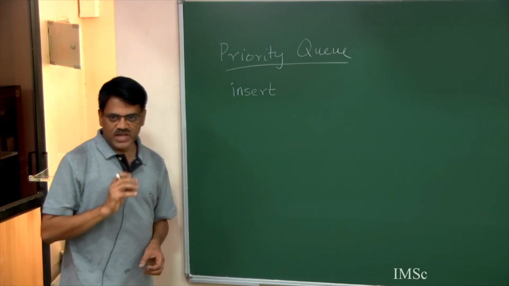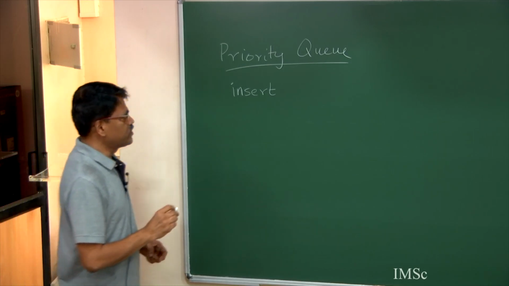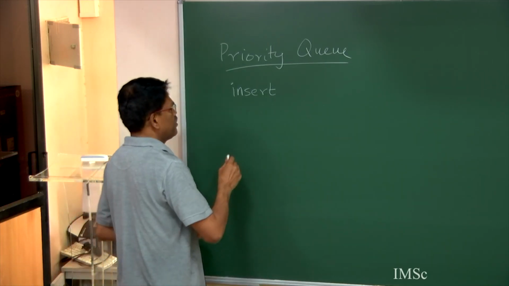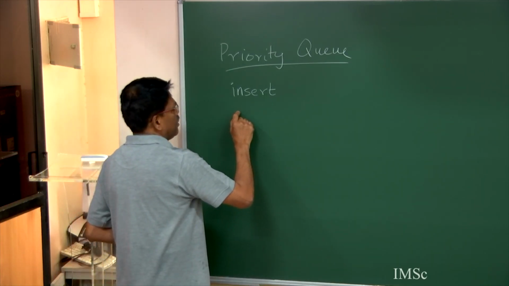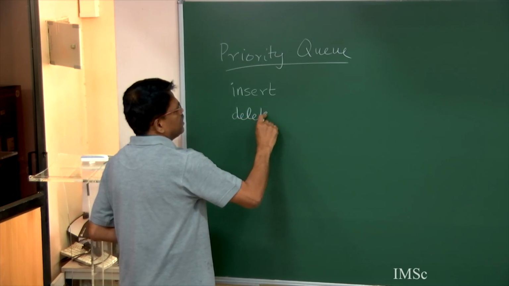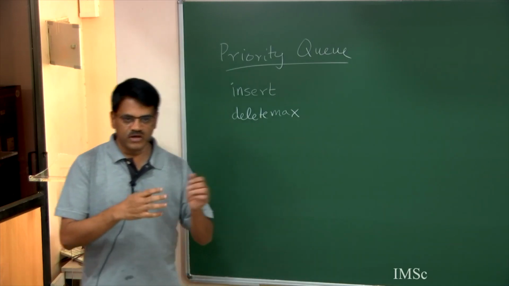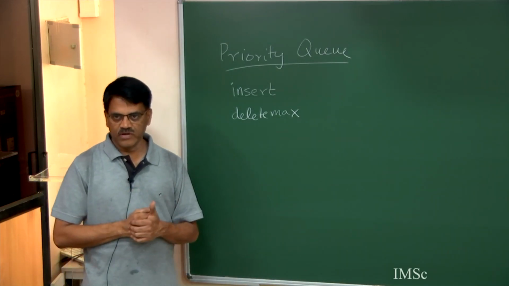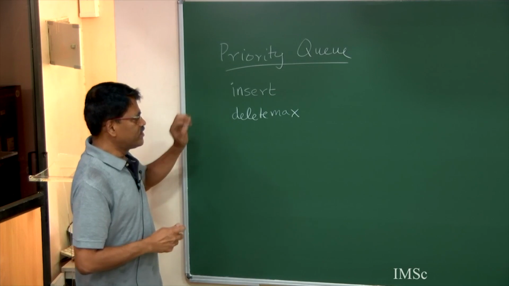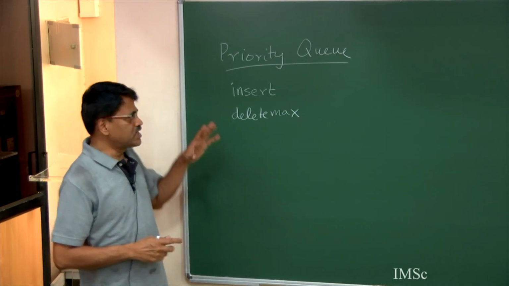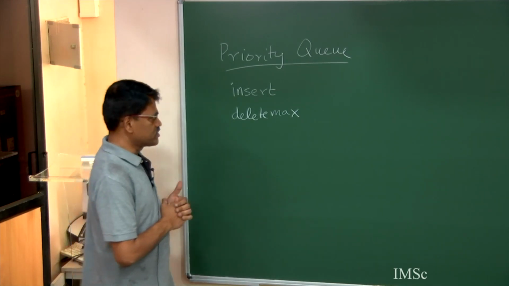Each object has some priority associated with it, some number, some weight, and we want to delete the highest priority element and assign it to your printer or CPU or something, right. Typically, these are the operations you want to perform, and such operations are called priority queue operations. Okay.